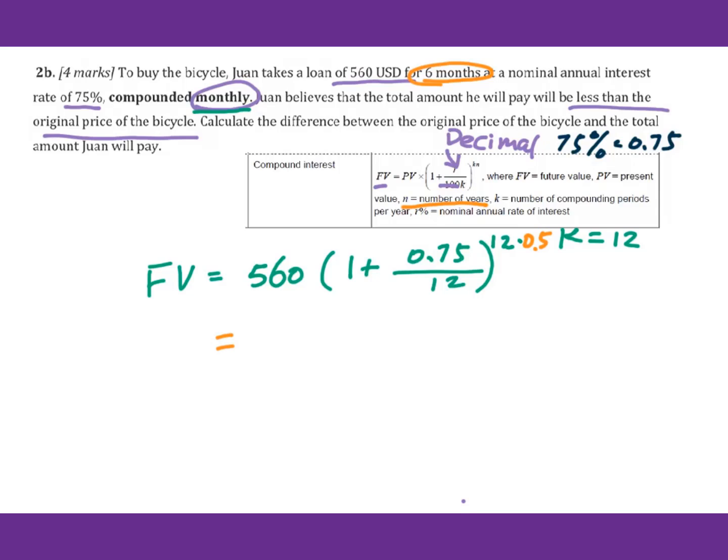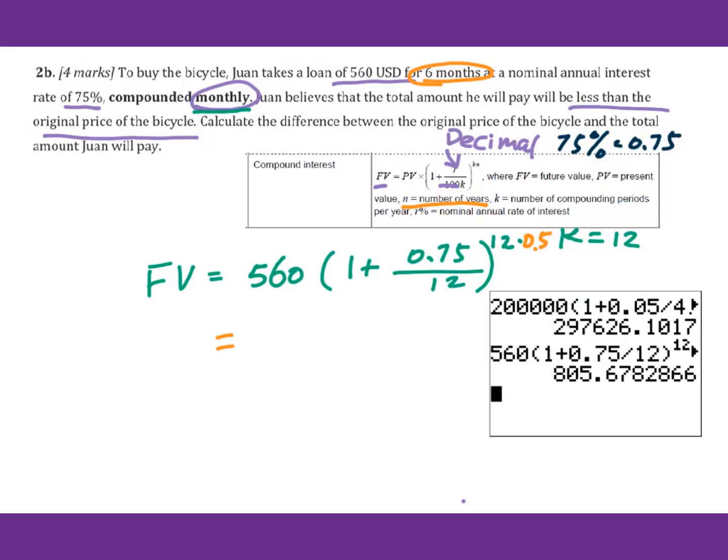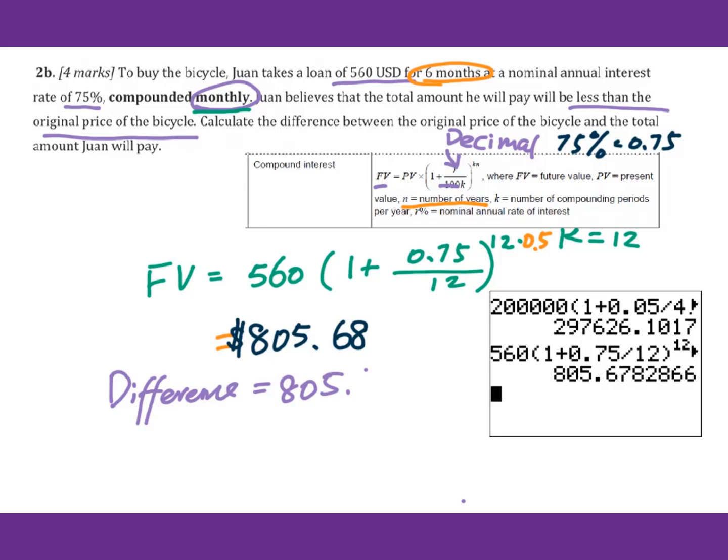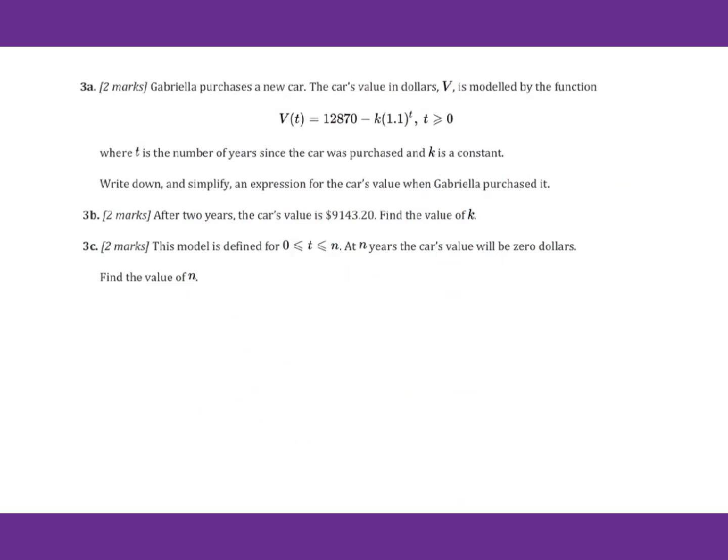So we put into a graphing calculator, you will get $805.68. Therefore, the difference equals 805.68 minus 800. That is $5.68.